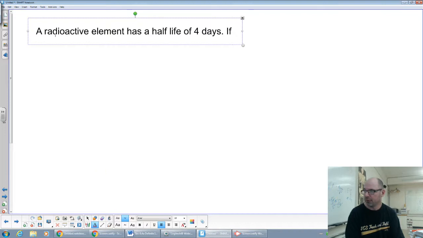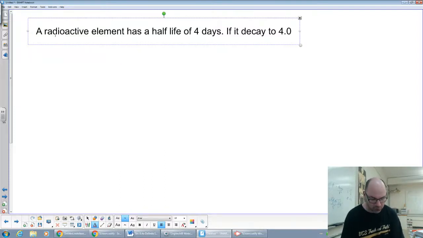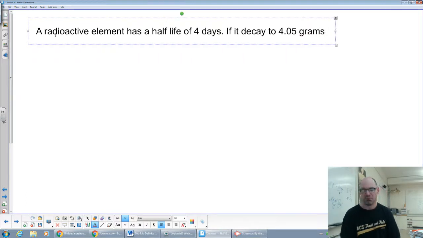If it decayed to 4.05 grams, okay, so you can also use grams rather than Becquerels, grams of radioactive material. That's another measurement they use. They don't always use just Becquerels.